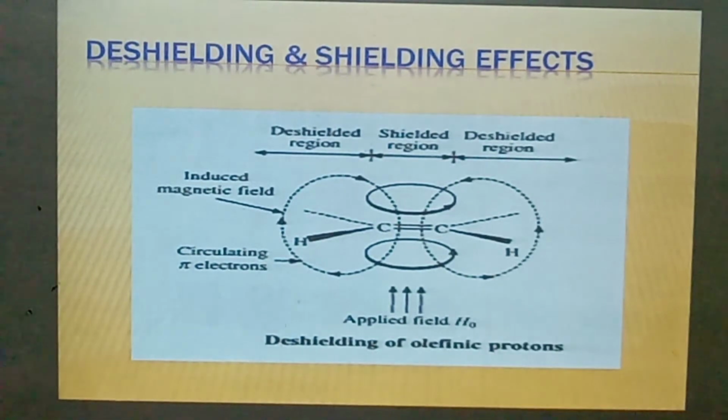If deshielding occurs for a particular proton, it will go to the downfield shift, far from zero. And if a proton or carbon falls in the shielding region, then the absorption position of that proton or carbon falls upfield with respect to the TMS reference 0.